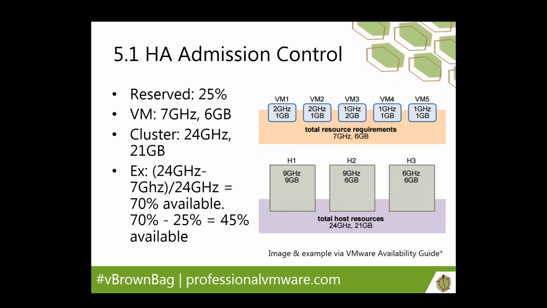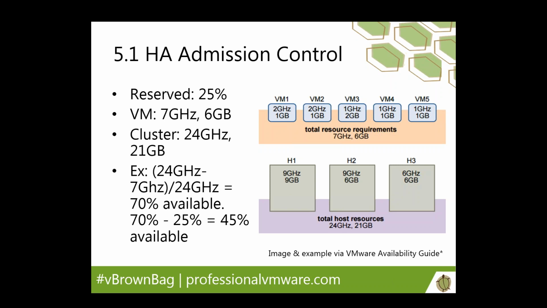So that's good. Admission control is not going to do that bad thing where it stops virtual machines from turning on. If we took a different example, right? Say we had a virtual machine requirement of 18 gigahertz for all of our VMs, and we subtracted that from 24. Subtracted 18 from 24, and then we divided by 24.